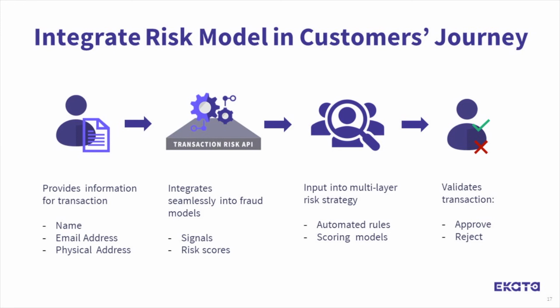This data can be used in a multi-layer risk strategy, in a machine learning model or even a rule-based system. Some of our payment customers use the transaction risk API in a pre-auth stage, where they call us to verify an identity even before they run a credit check on that person.